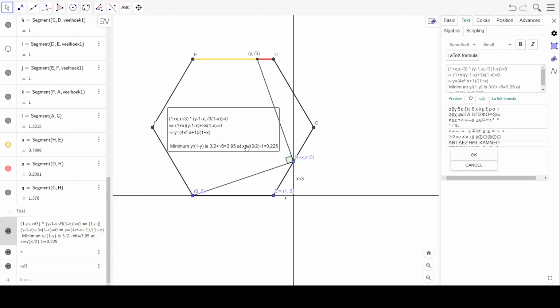And if I then fill in this x to find the minimum of the proportion, which is y divided by 1 minus y, I get the expression 1.5 plus square root of 6. So that is the minimum value of the proportion yellow to red, and it approximates to 3.95. So that ends the video of the open roof.